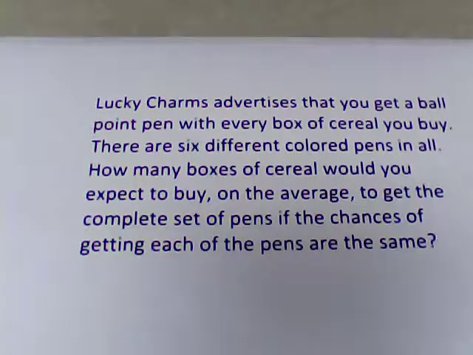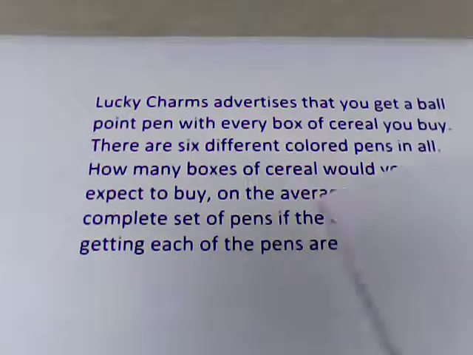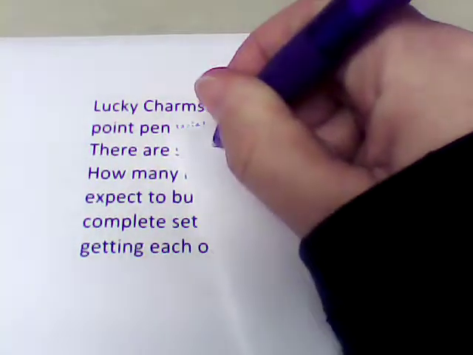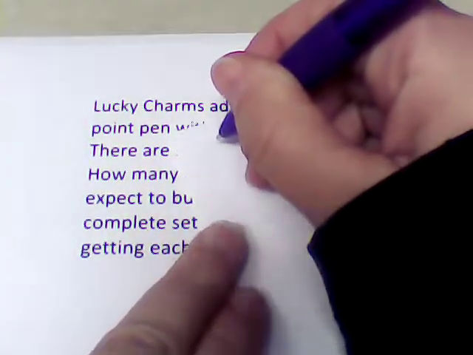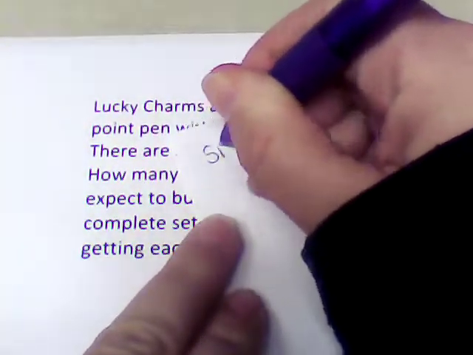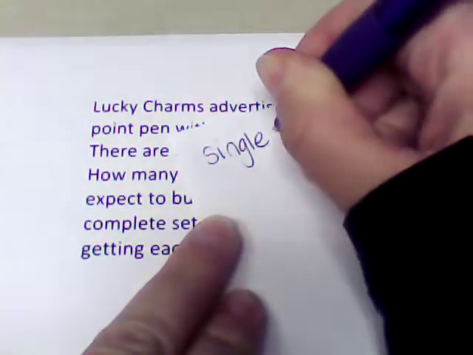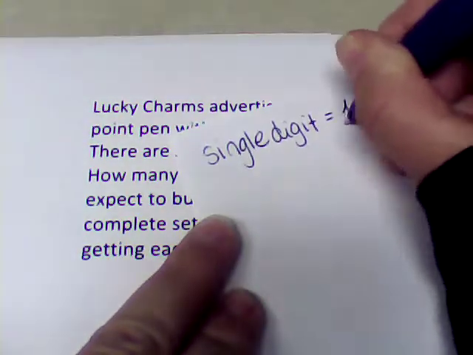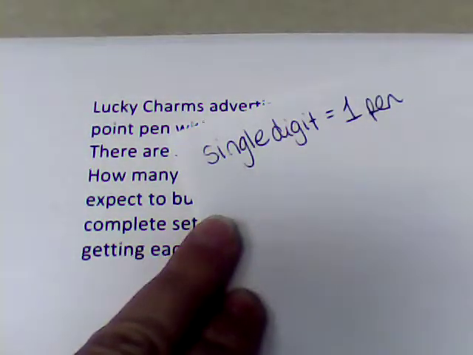Okay, so if there's 6 pens, I'm going to go ahead and use single digits because I only need 6 numbers. So I'm going to write that a single digit equals 1 pen.